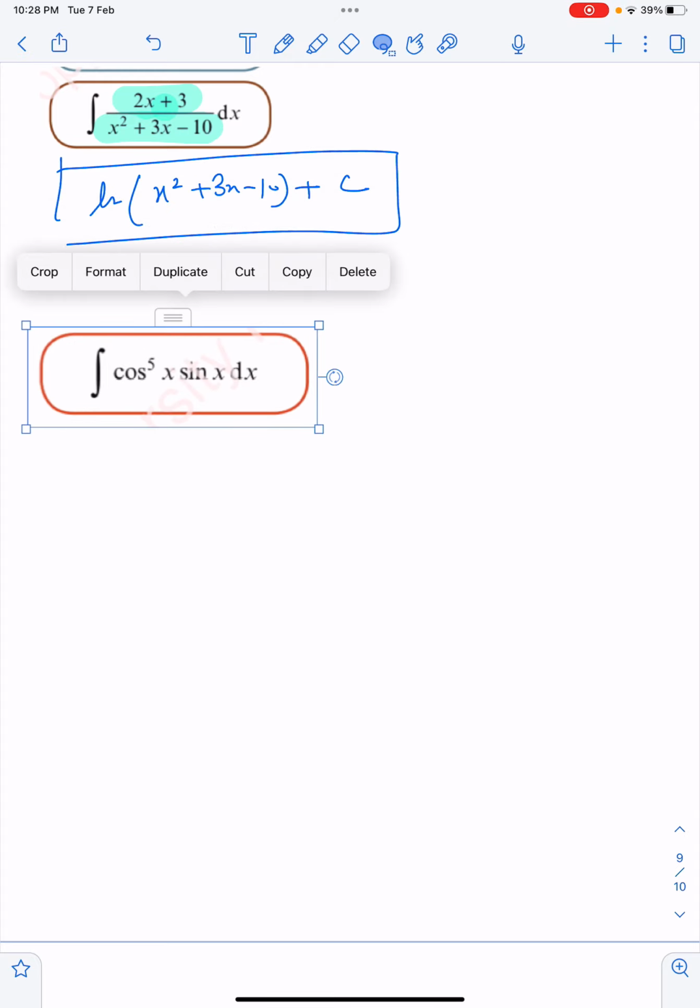Okay, the next one. cos⁵x sin x. I'm using substitution here, and I'm going to take cos x as u. Let's see what happens.